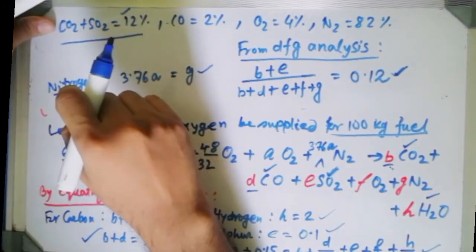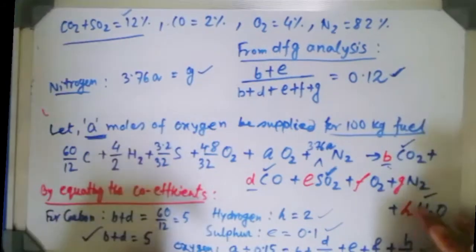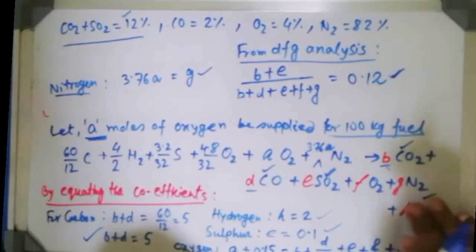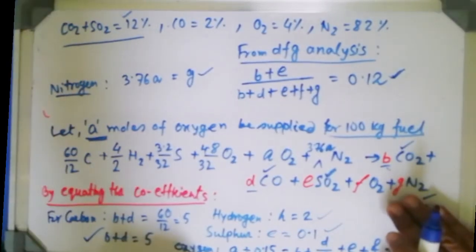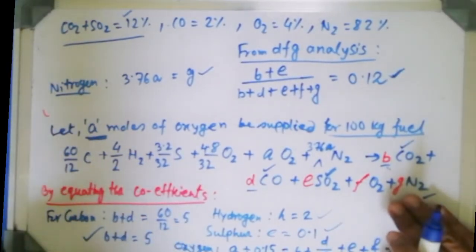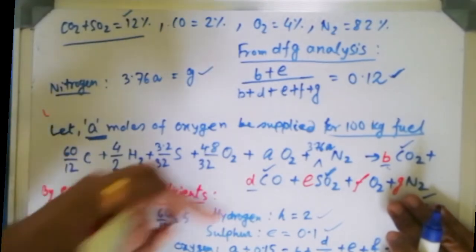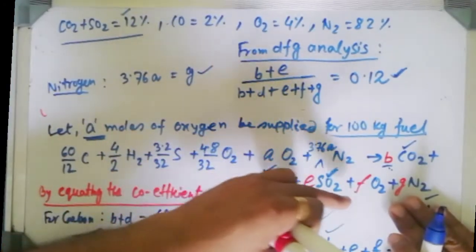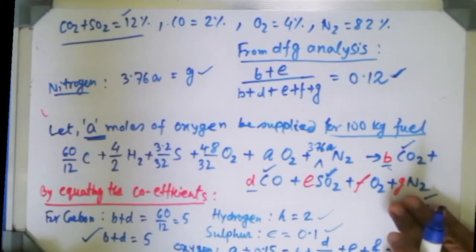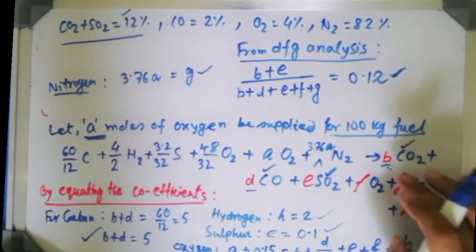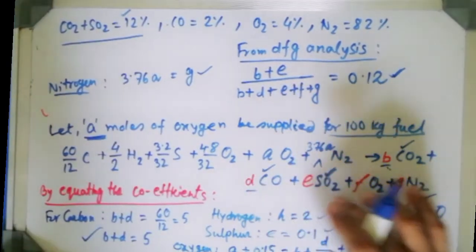That is B plus D plus E plus F plus G. Okay, so this B plus D plus E plus F plus G, that is the whole amount of dry flue gas, and inside that dry flue gas, what is the amount of CO2 and SO2? That is B plus E.